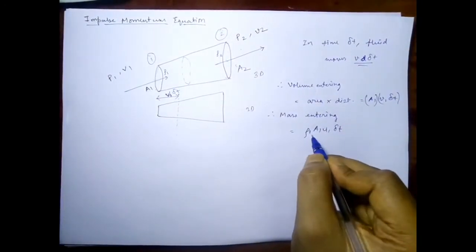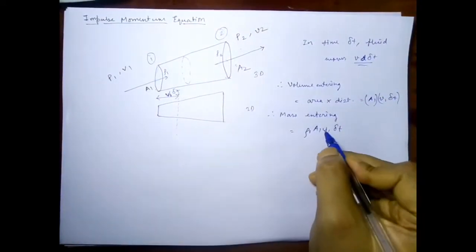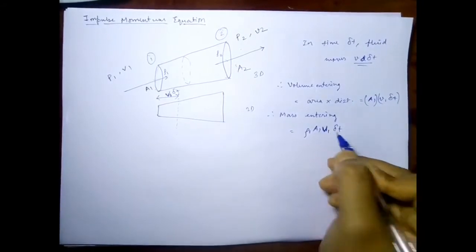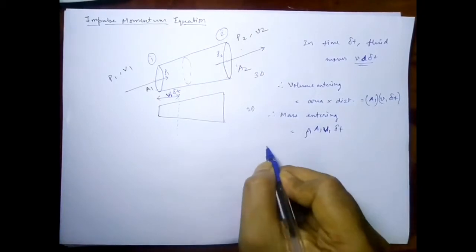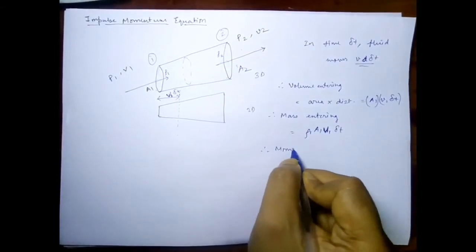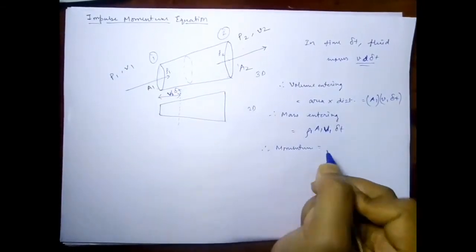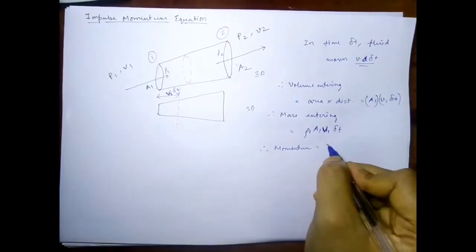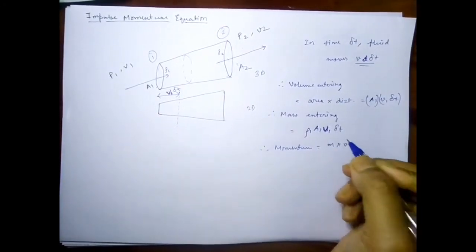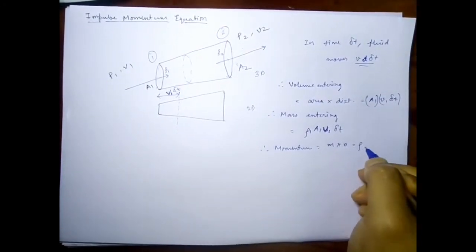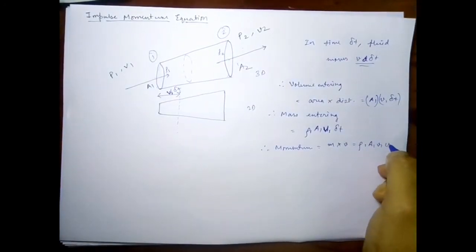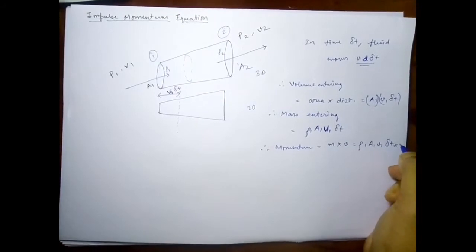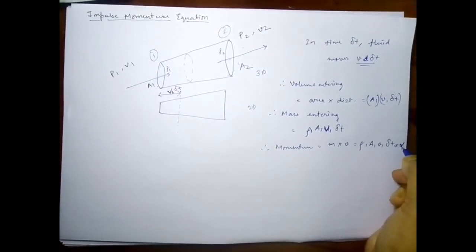So it is rho 1 A1 V1 times delta t, and therefore the momentum will be mass into velocity, and that is rho 1 A1 V1 delta t multiplied by V1 again.